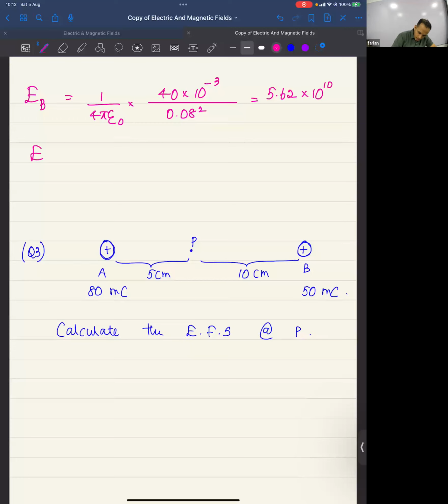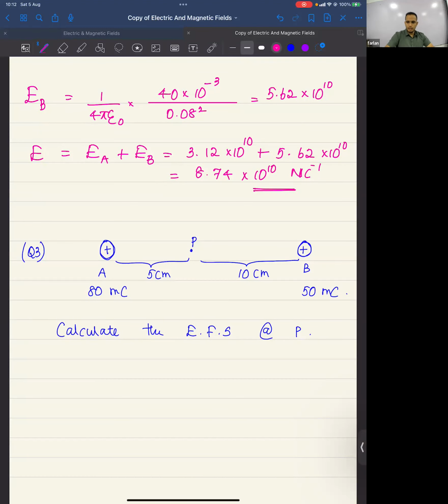So the total electric field strength will be EA plus EB. 3.12 into 10 to the power 10 plus 5.62 into 10 to the power 10, which is 8.74 into 10 to the power 10 newtons per coulomb.